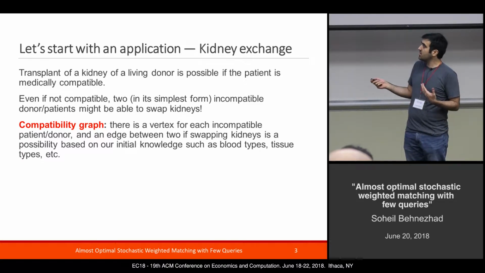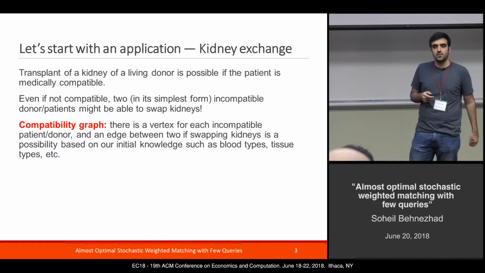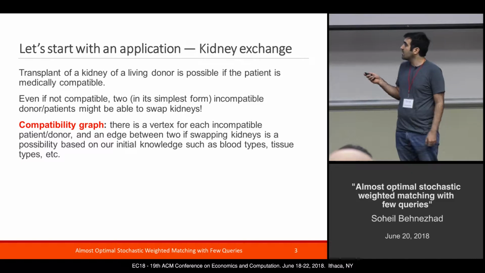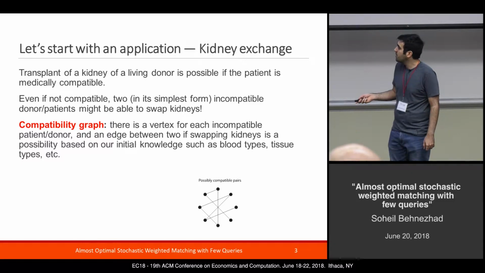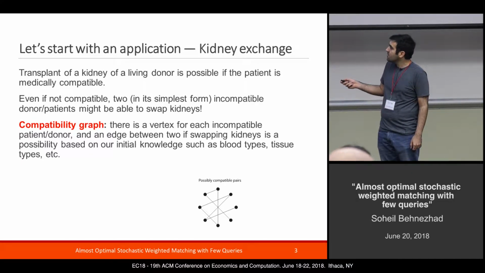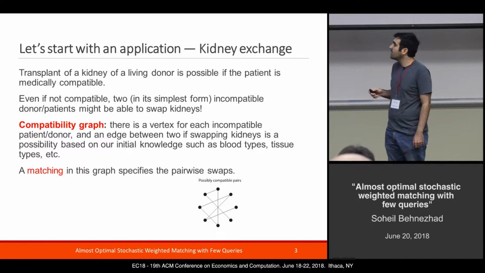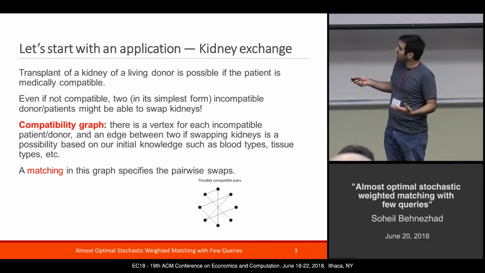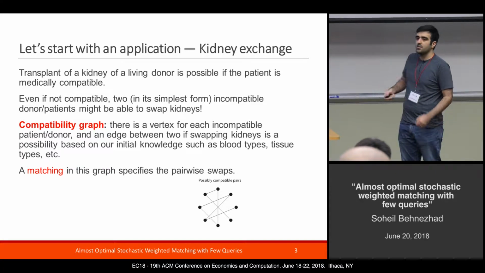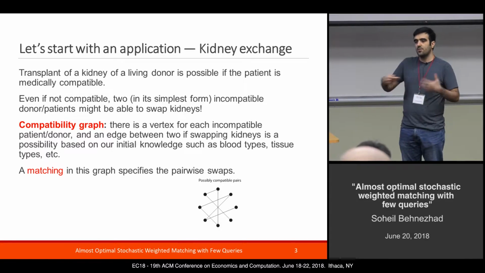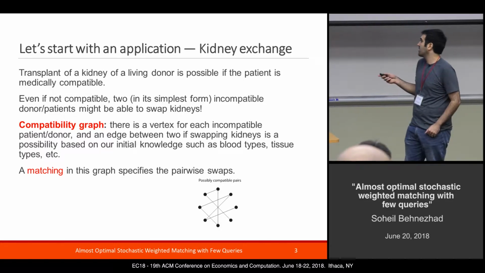So based on our initial knowledge about blood types, tissue types, etc., we can rule out some edges, right? So for example, we can determine that these two pairs cannot swap kidneys because the blood types are not compatible. And a matching in this graph specifies the pairwise swaps, right? So we want to be able to find a large matching in this compatibility graph.